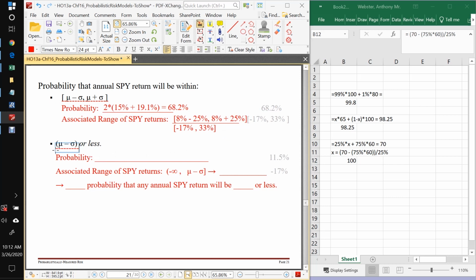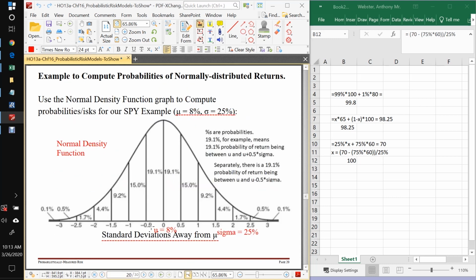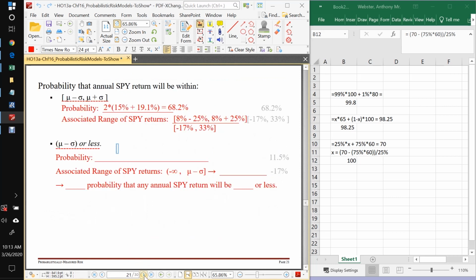What's our probability that our return is going to be one standard deviation below the mean or less? Okay, so let's start this time with the probability. So I have one standard deviation below or less. So all I have to do here is add up all of these probabilities until I get to one standard deviation below the mean. So that'll be 0.1 plus 0.5 plus 1.7.